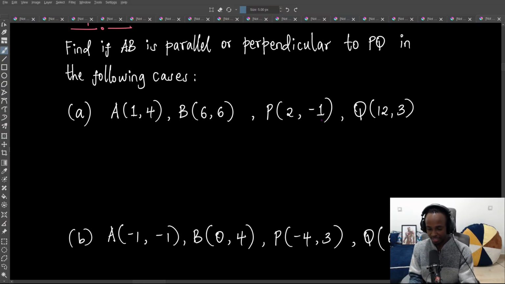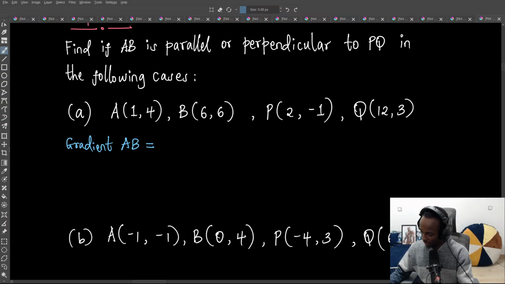So let's start by finding the gradient of AB. So we'll write here the gradient of AB will be the change in y over the change in x. Let me just label them. So this is x1, this is x2, and this is y1 and this is y2.